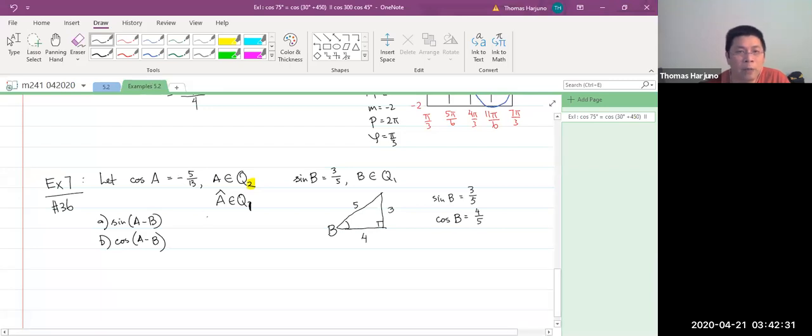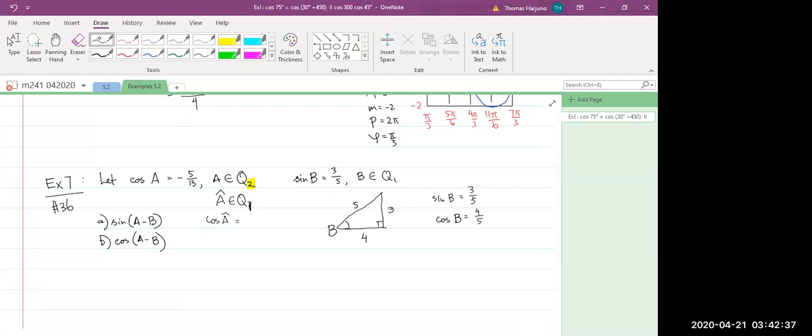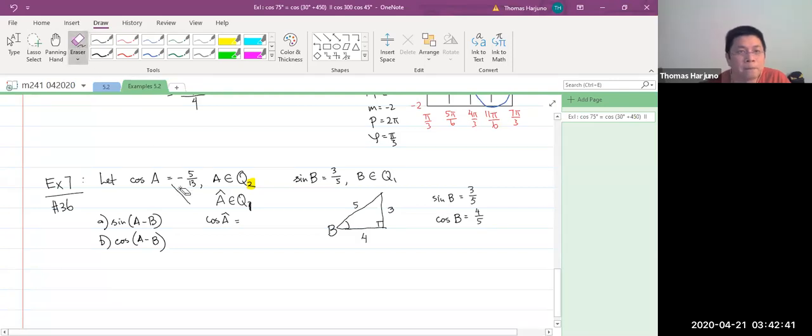Therefore, what happens to cosine A hat? 5/13. We just take the positive value. And that's the reason I make it into a reference angle, so that we can draw the triangle.